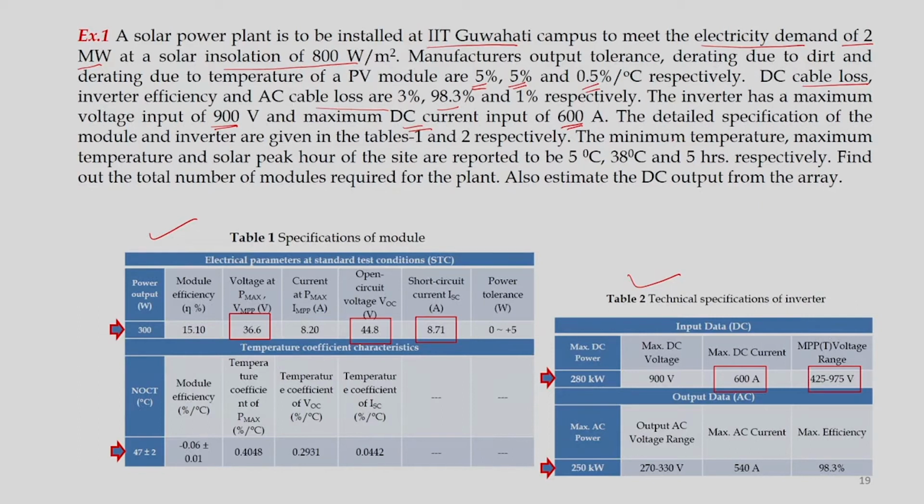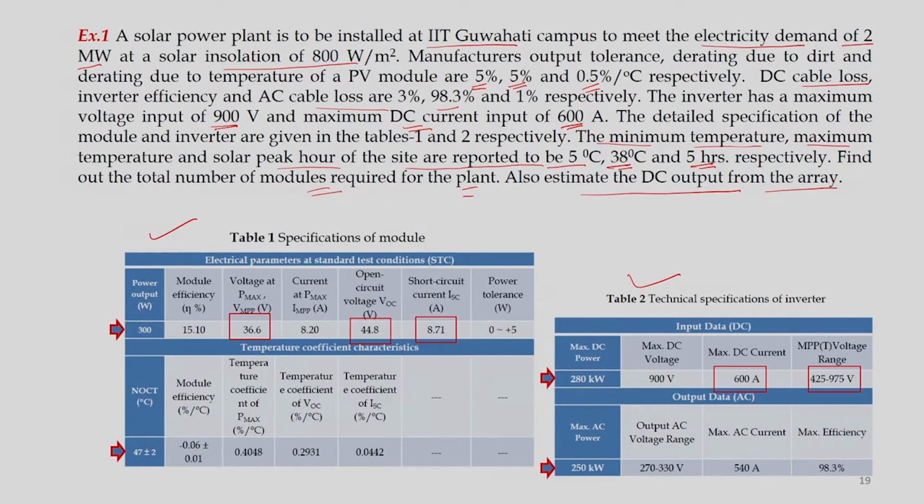It is also given that the minimum temperature, maximum temperature and solar peak hours of the site are 5 degrees, 38 degrees and 5 hours. So, find out the total number of modules required for the plant, and we also need to estimate the DC output of the array. So, we need to solve this problem now.